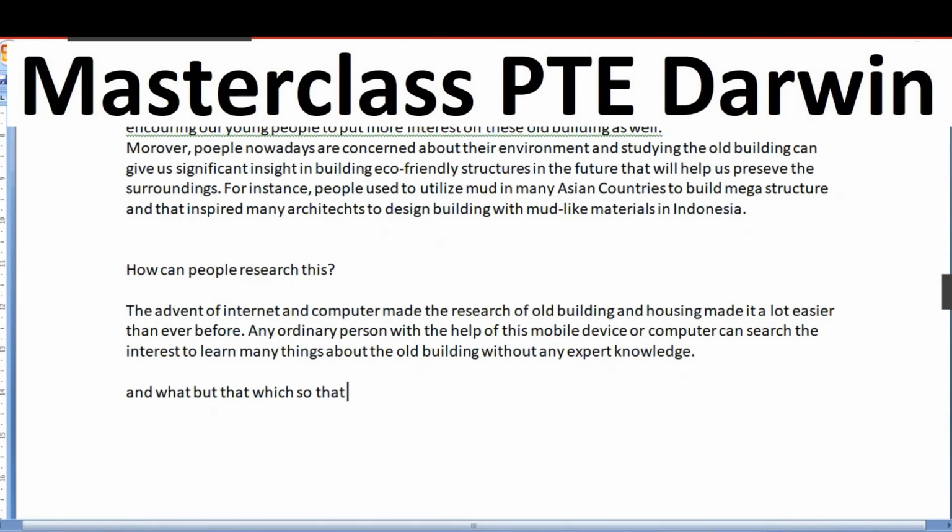Can we just give an example from here? Yeah, you can give an example, of course. Government parastatals are always very useful in doing research about old buildings and houses.